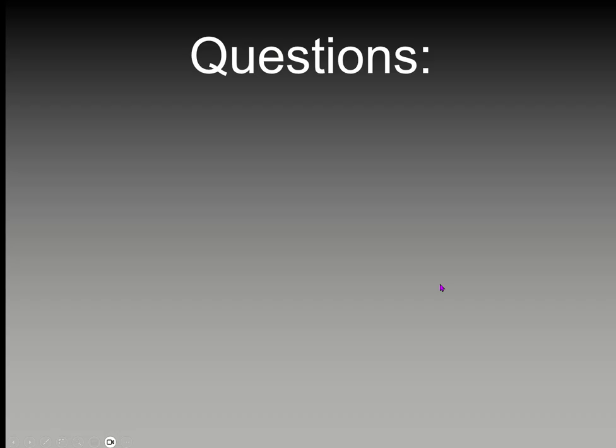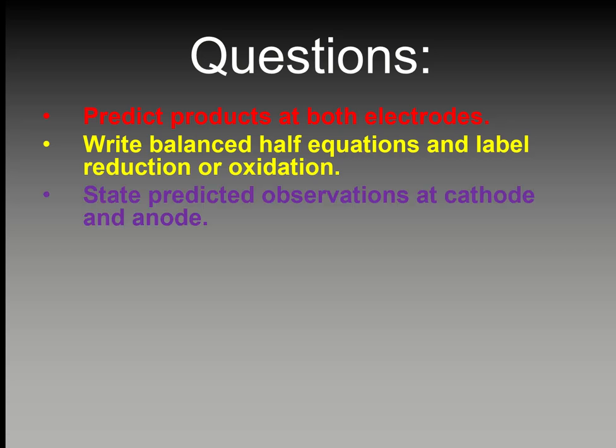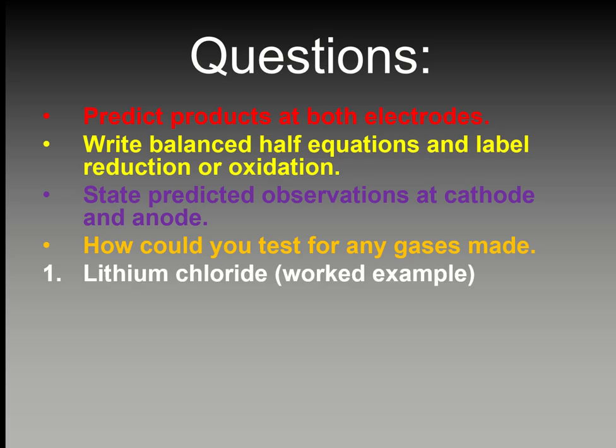Right. So in these tasks, this is your task now, you're going to predict the products of both electrodes. You're going to write balanced half equations and label those reduction and oxidation. You're going to state the predicted observations at the cathode and the anode. Okay, and if there was a test for any gas that's made at the cathode or anode, you've got to say what that test would be.